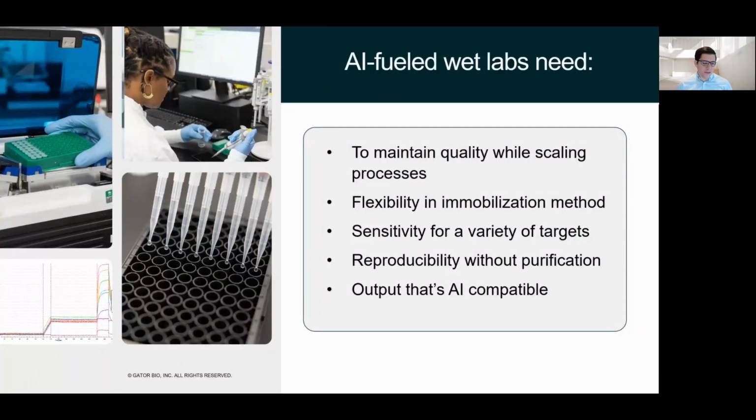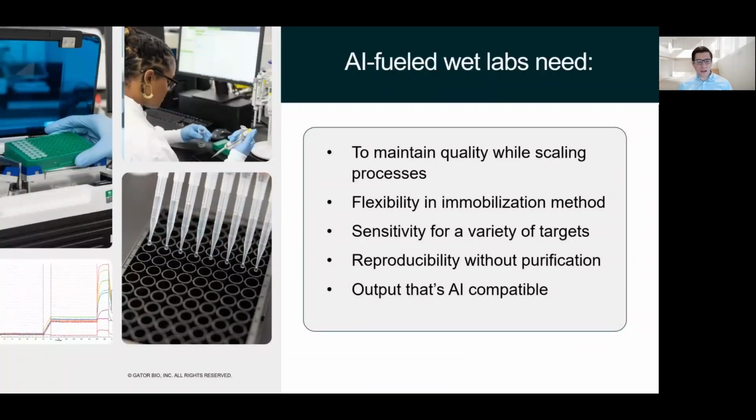So AI-fueled wet labs need the ability to quickly process many, many samples, but maintain a high quality in the data they generate. They also need a variety of ways to immobilize their candidates and targets, because the immobilization strategy can vary from project to project, depending on the protein or peptide being studied.